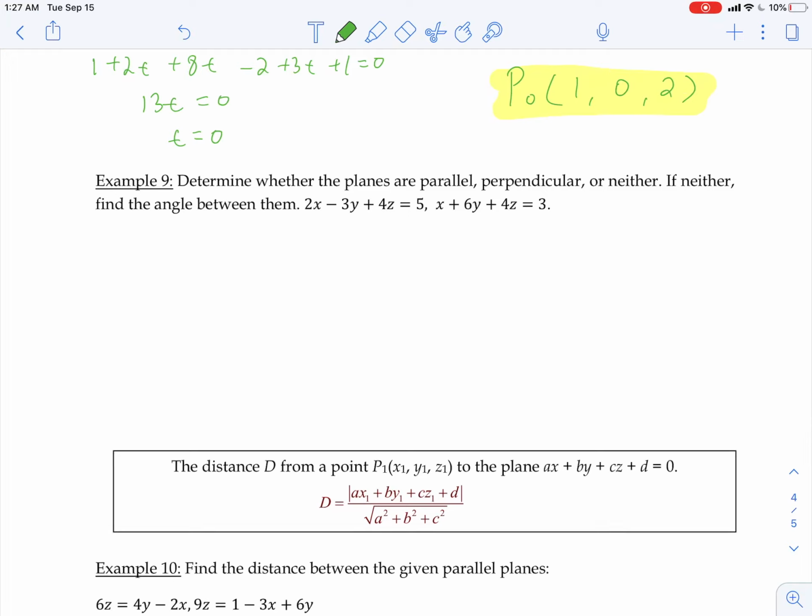All right, example 9. We want to determine whether the planes are parallel, perpendicular, or neither. And if they are neither, then we're going to find the angle between them. I'll tell you right now, this one's not neither, but there is one in the notes that is neither, and I'm going to show you how to do that.